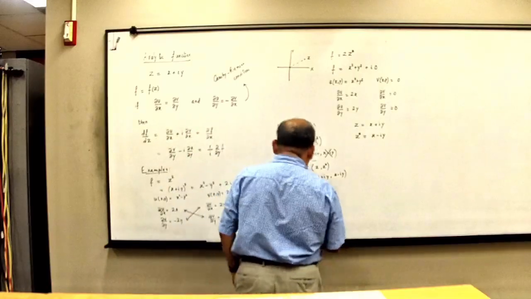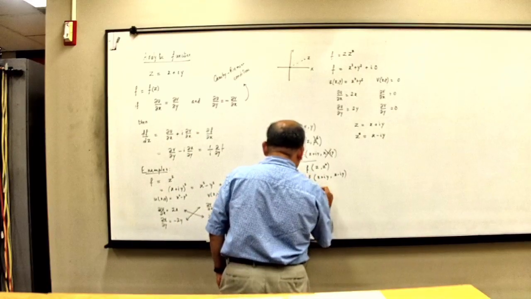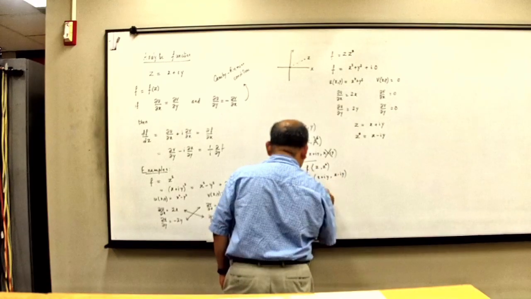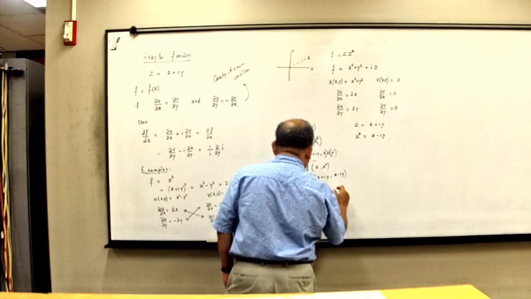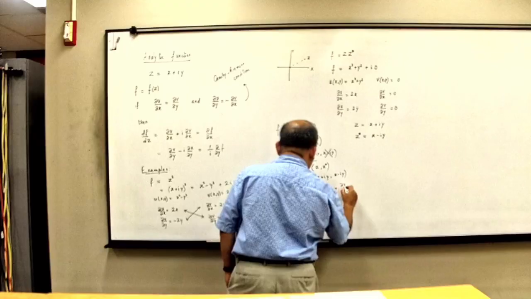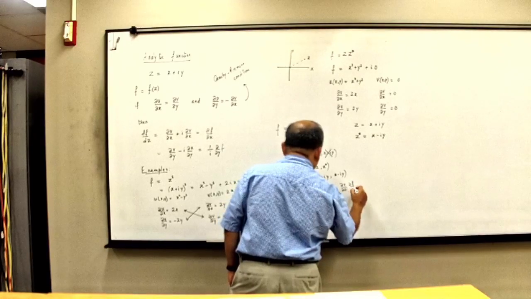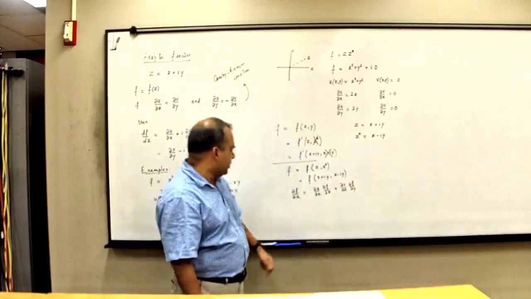Because it is in Cauchy-Riemann conditions. Take the chain rule. z can depend on x and y, so I do a chain rule: dx by dz times df by dx plus dy by dz times df by dy.